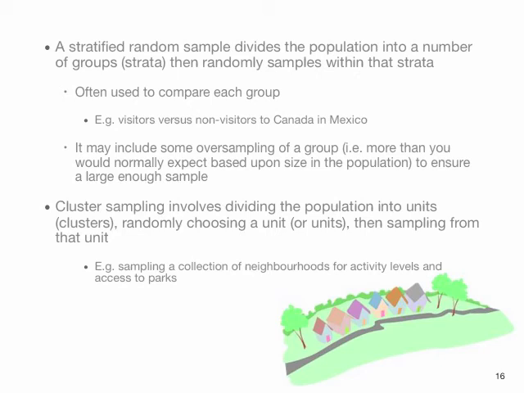Well, rather than taking a random sample of all Vancouverites, what you may do is choose a few neighborhoods within Vancouver and then randomly sample from those neighborhoods. And as long as you've chosen your neighborhoods carefully and randomly sample within those neighborhoods carefully, then you can be fairly certain that that random sample of that cluster will suffice and will give you the accurate information for your research.